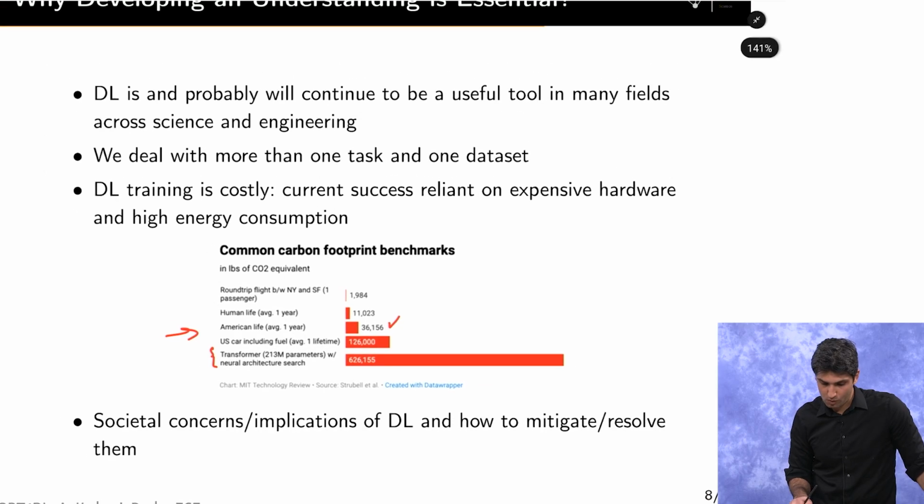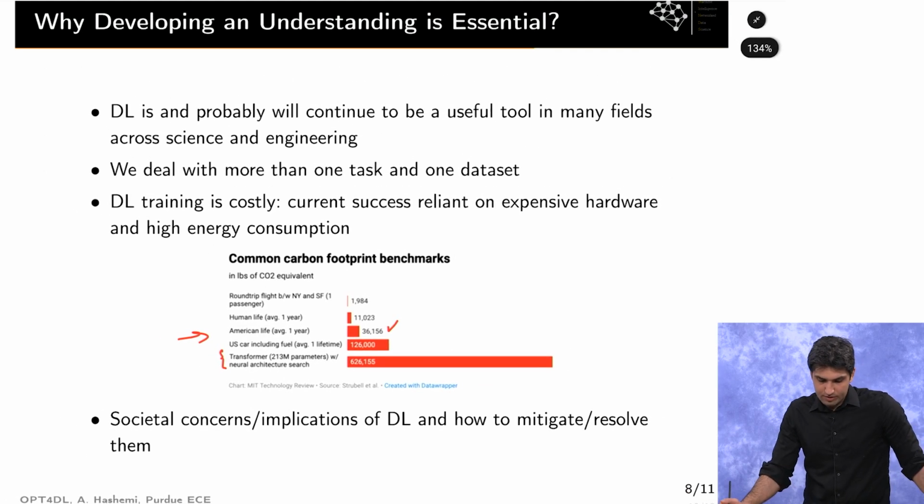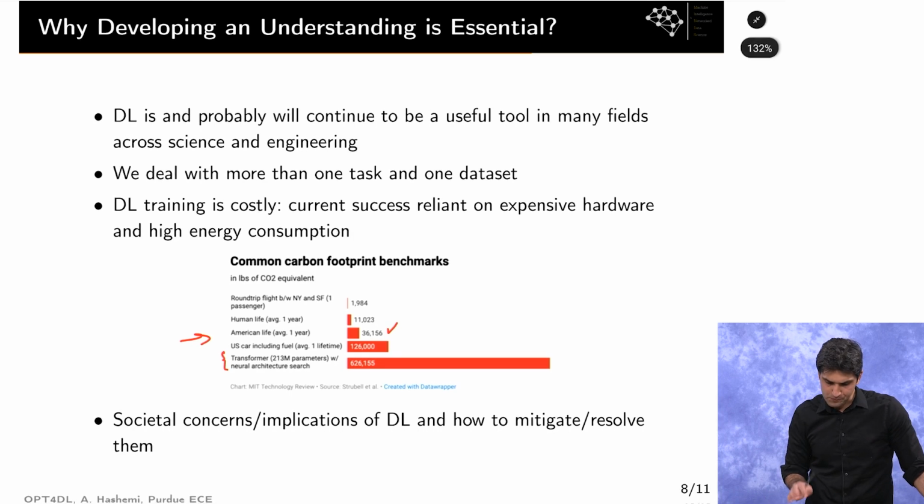Okay, so given that this training is very costly, we should try to find more efficient or eco-friendly, if you will, approaches to train these models, right? And given that training is, again, essentially solving an optimization problem, optimization is going to be a handy tool to perform this, okay?